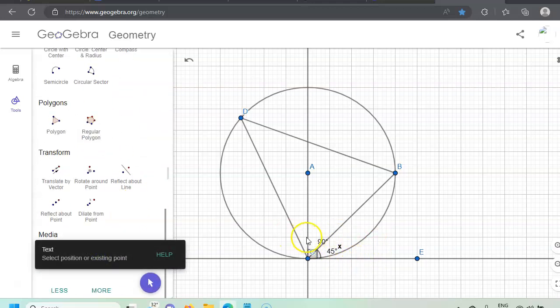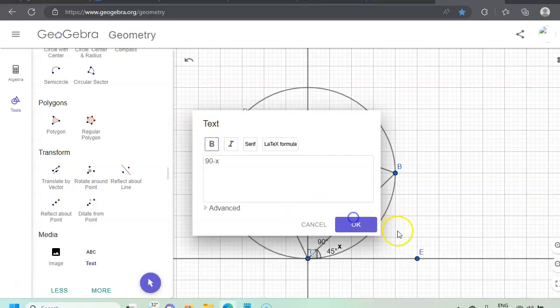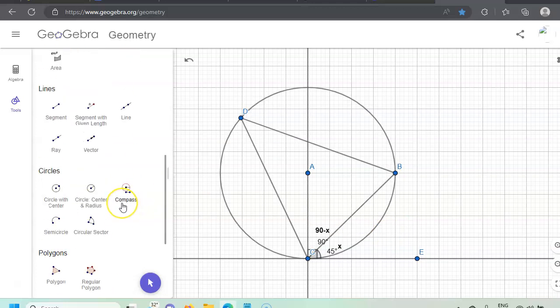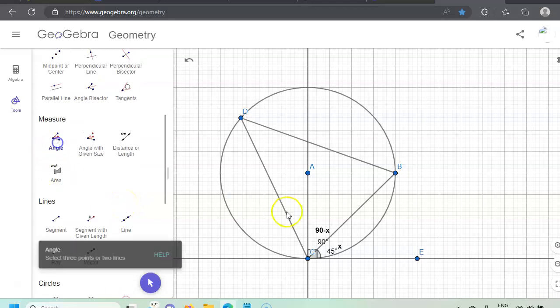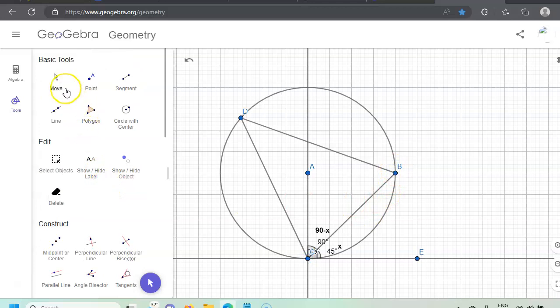So we are making use of algebraic expressions. And since x is 45, then we can say that ACB is also 45 degrees.